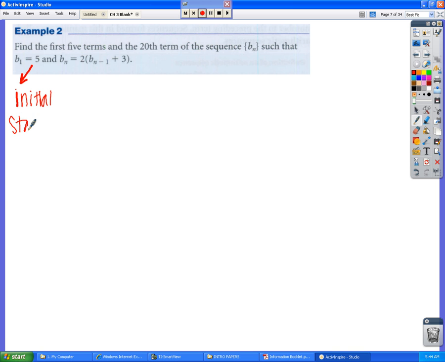That's the initial statement. And then this over here says, and we're going to translate it, to find the nth term, which is b sub n.